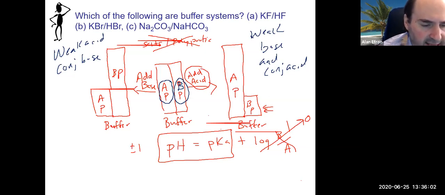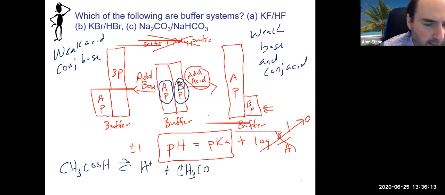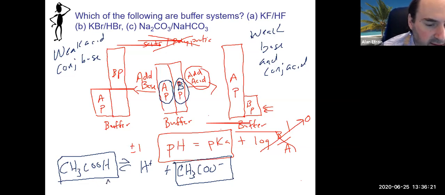So like our acetic acid, sodium acetate example, the acetic acid is able to set up this equilibrium, and because it is able to do that, we're able to have both of these guys in the solution, again, our acid part here and our base part.